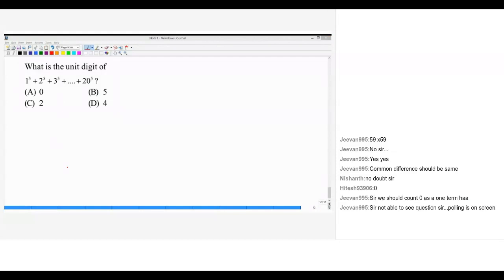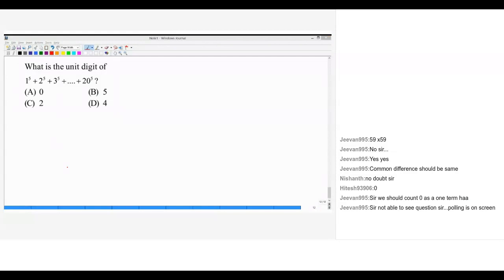So what is the unit digit of it? I hope you got the question.